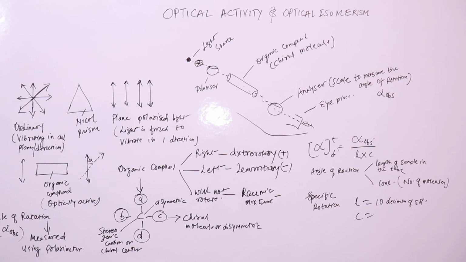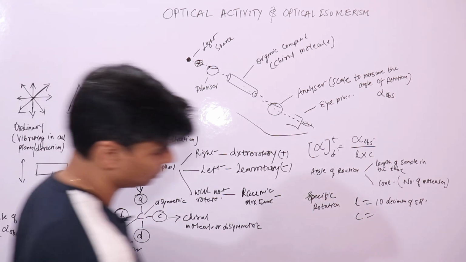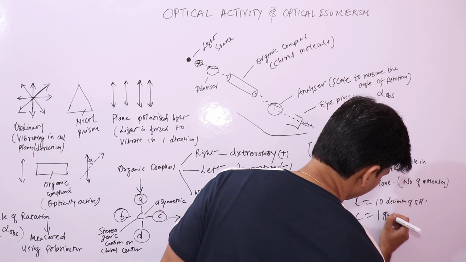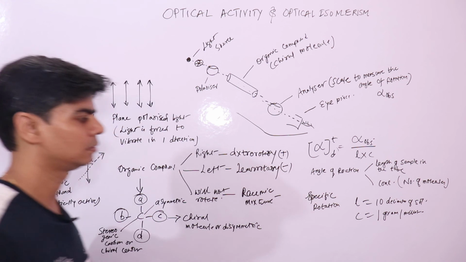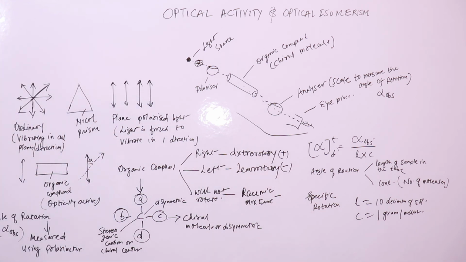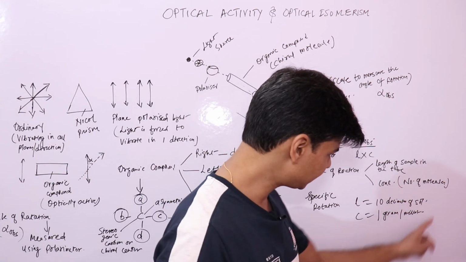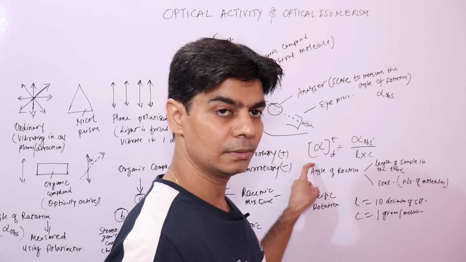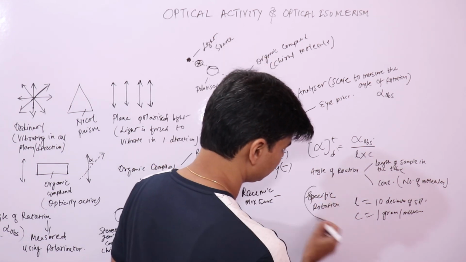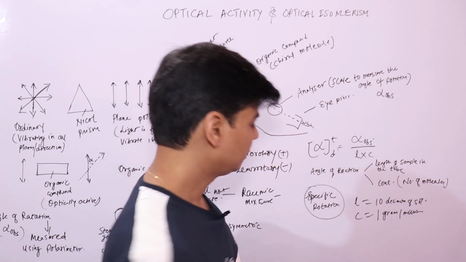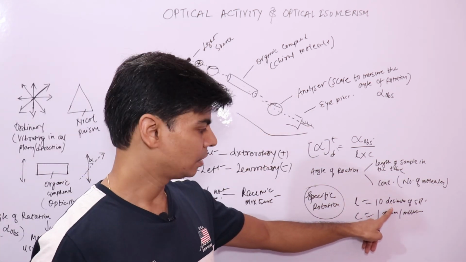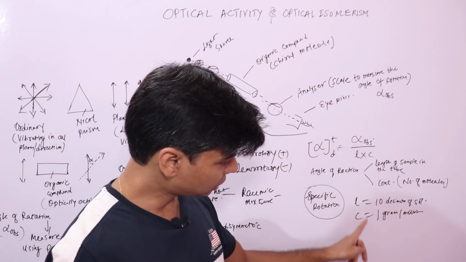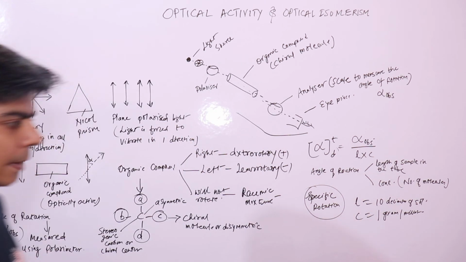So the angle observed under these specific conditions is your specific rotation, when the length of the solution is 1 decimeter, which is 10 centimeter, and the concentration is 1 gram per milliliter.